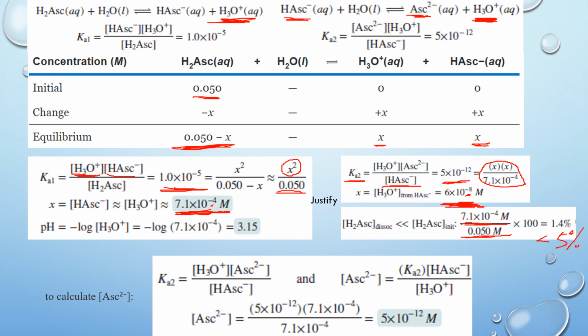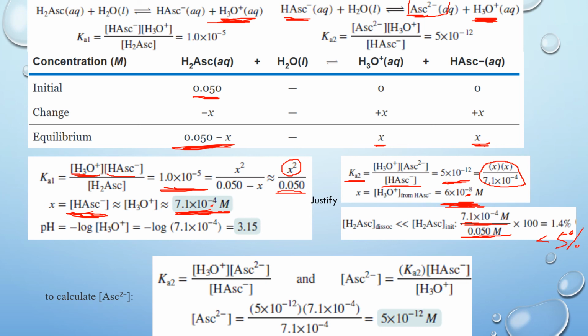So we'll go with the numbers we calculated using these two assumptions. We can say the concentration of the first species, HASC minus, is equal to 7.1 times 10 to the negative 4. The question also asks us to calculate the concentration of the second conjugate base, ASC2 minus.